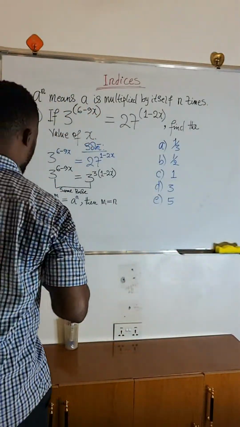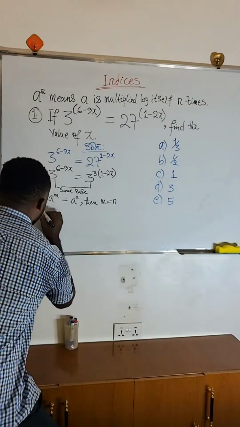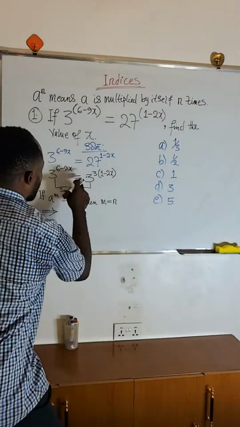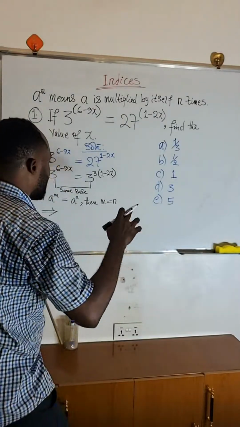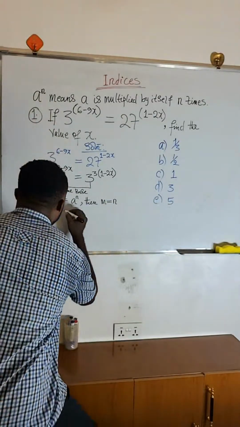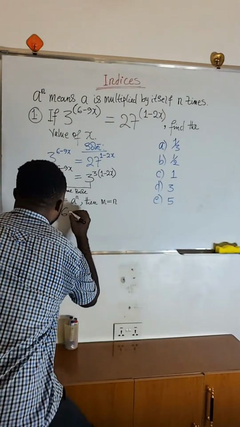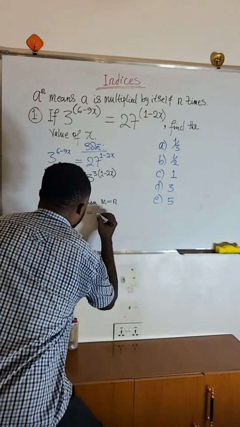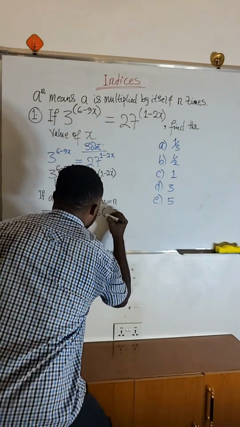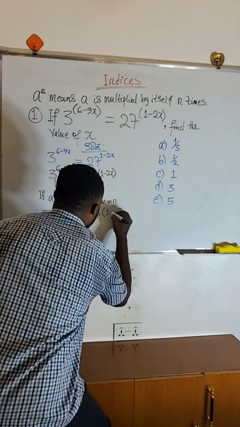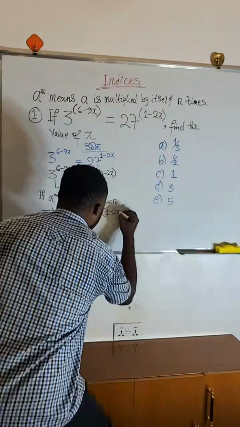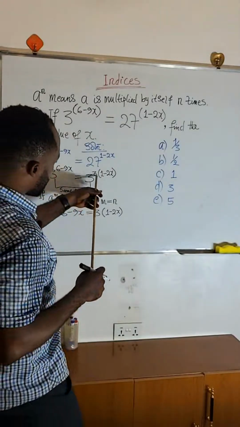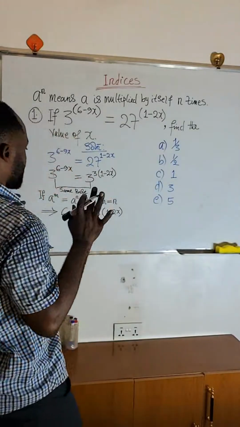Since these two numbers are of the same base on both sides, we will now equate their powers. This simply means that 6 minus 9x equals 3 times (1 minus 2x). We only equate their powers.